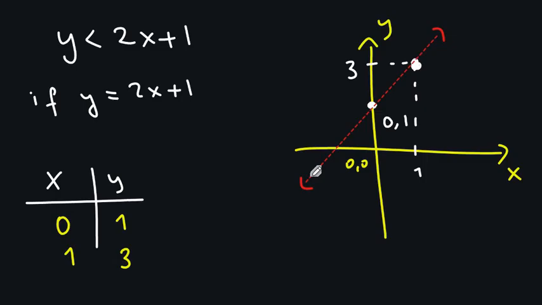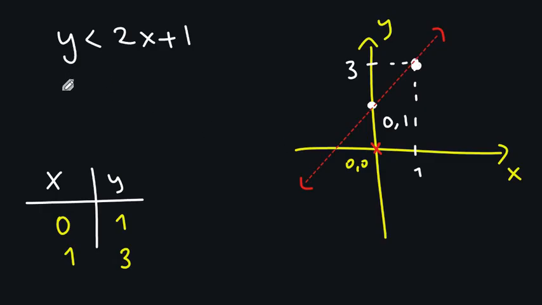The third step was to choose a test point to test the area. We usually choose 0, 0. So let's choose 0, 0. I will substitute 0, 0 in the inequality to check if that works for the inequality.